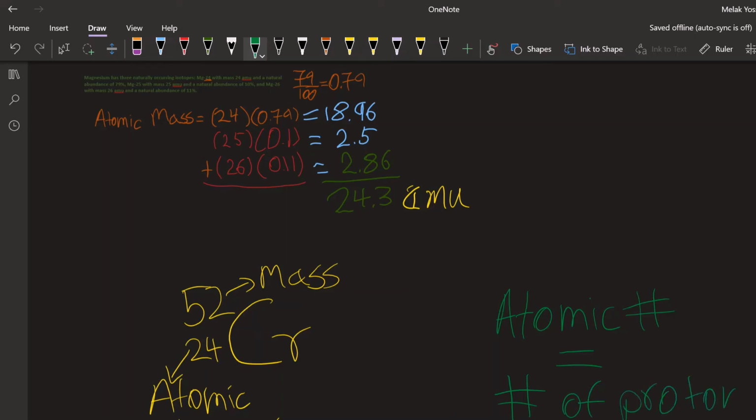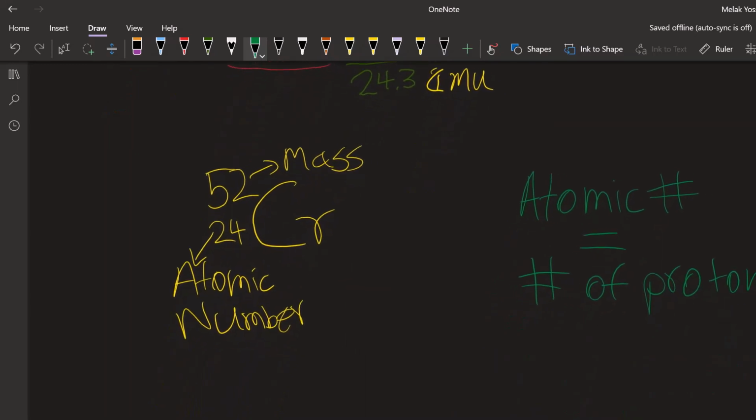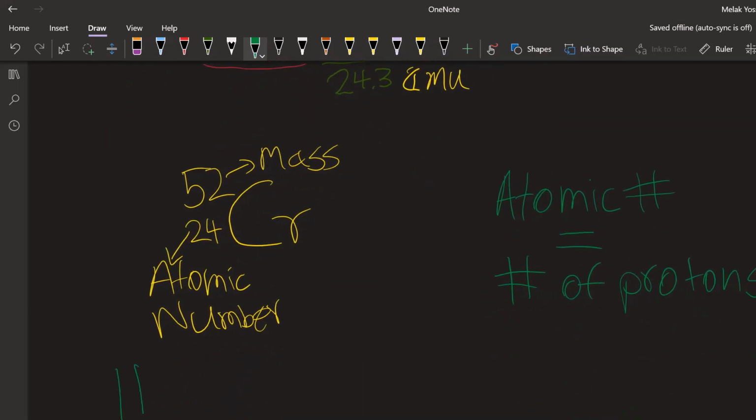So the number of protons is 24. Since it's a neutral atom, the charge is balanced. Protons are positively charged, electrons are negatively charged, and for it to be neutral they have to be equal in number. Therefore, electrons are 24 as well.